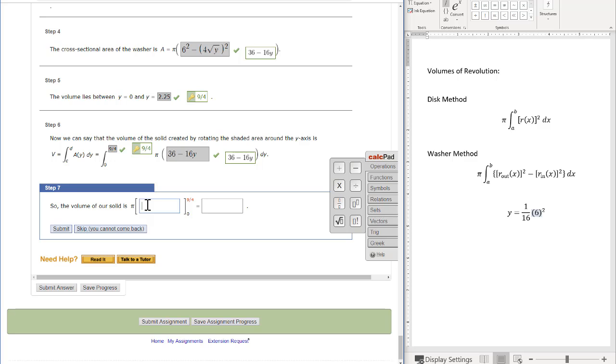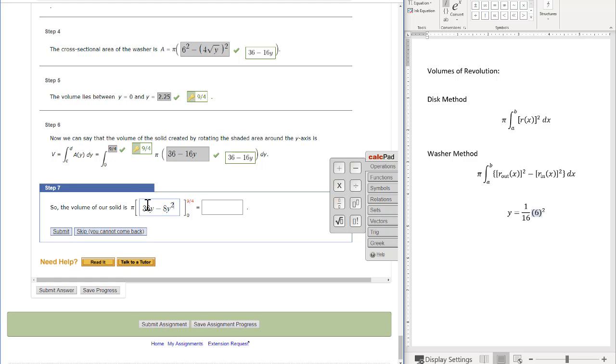So our antiderivative is going to be 36y minus 16y squared over 2. So let's cut that in half and then put the y squared. And then when we put 9/4 in there, maybe we need to write this down. We'll keep the pi on the outside, so let's not worry about the pi.